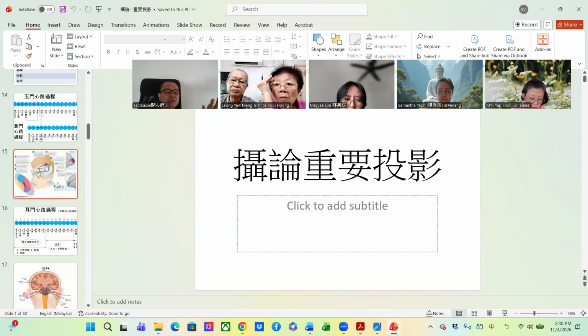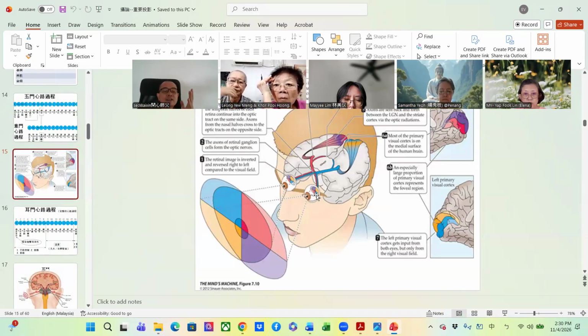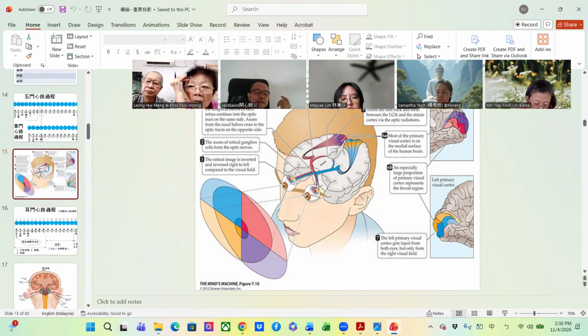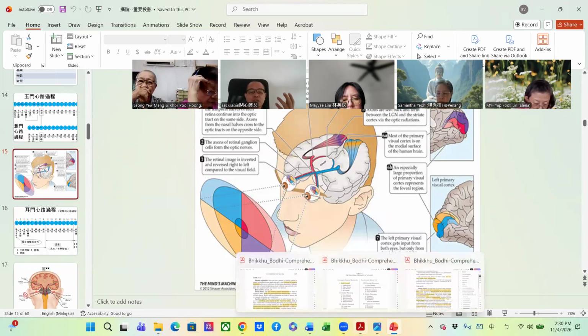Okay class, let's take a look. So this is our eye. Our eye serves as a door, so our mind, our brain, will interact with the external object. In order to make the Cetasika arise, we need a base also. So the nerve in the eye will serve as the base so that it can have an interaction with the object.